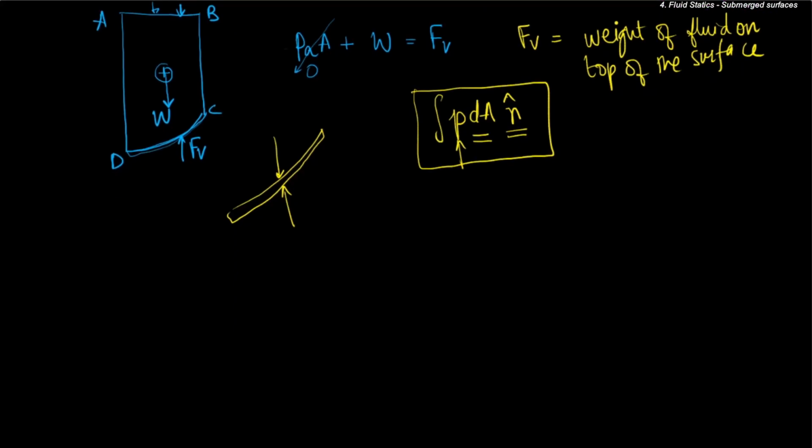In fact, let us do a small problem which will highlight both the approaches. Instead of putting in numbers, we'll do it symbolically. Let us consider the surface of free water as shown, and let us consider a dam.